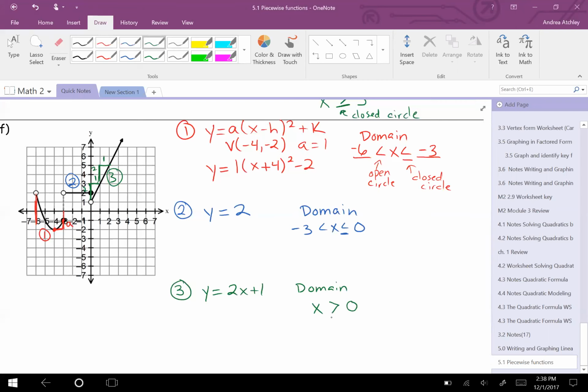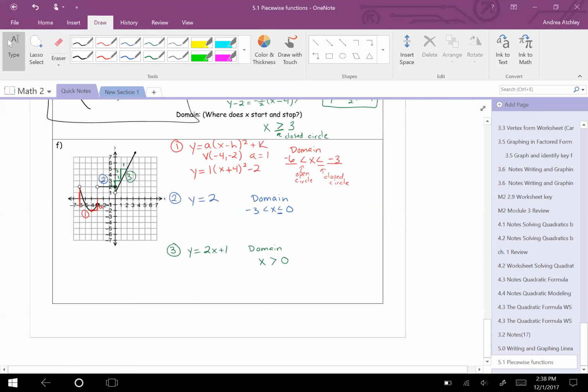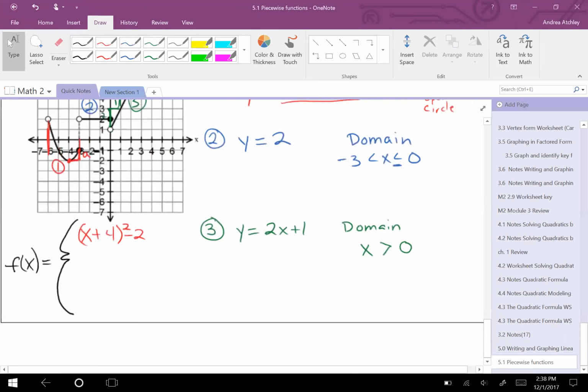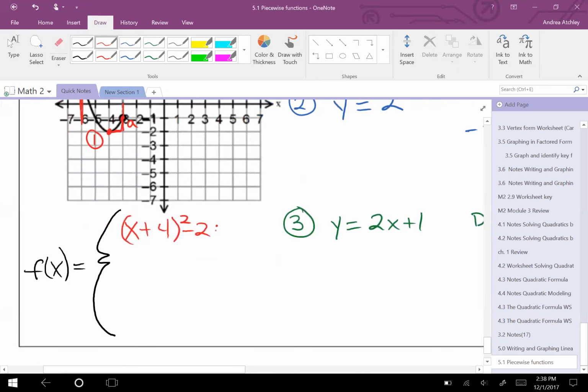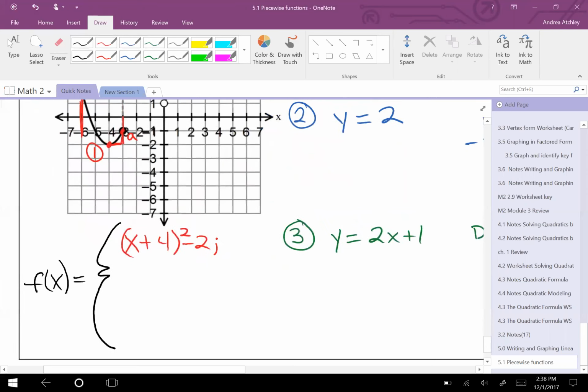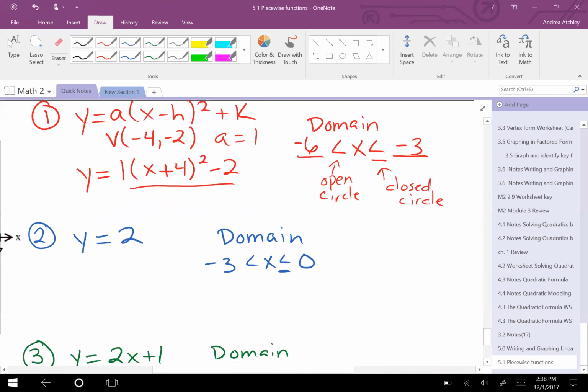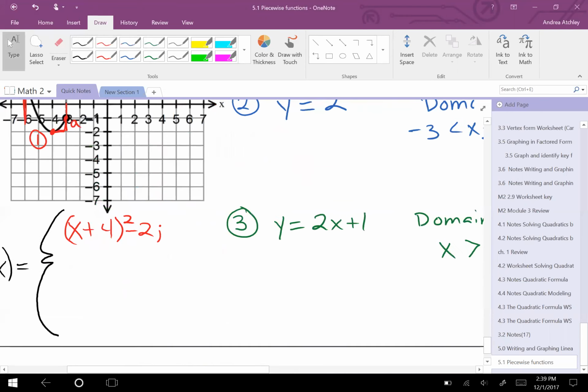Okay, so now I have to put it all together and get one big piecewise function. So we're going to have f of x equals our big bracket. We have our first equation, the x plus 4 squared minus 2 with my domain of -6 is less than x is less than or equal to -3.